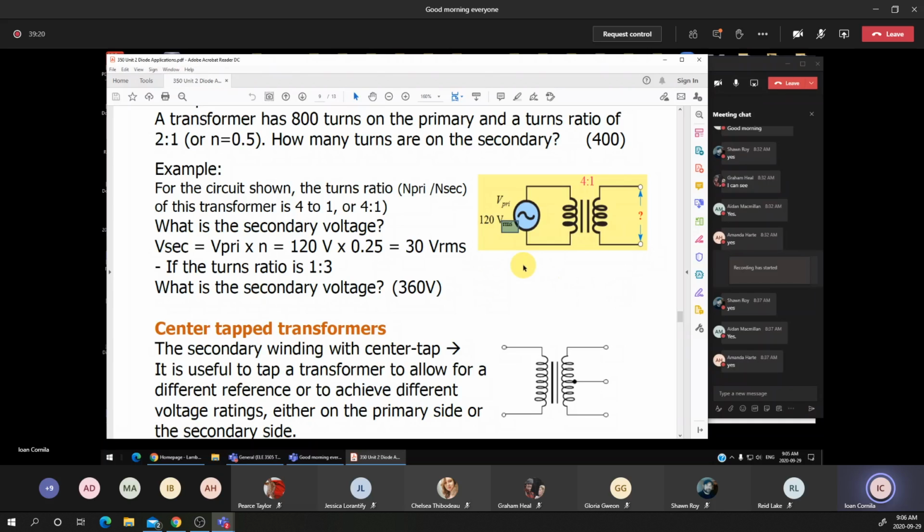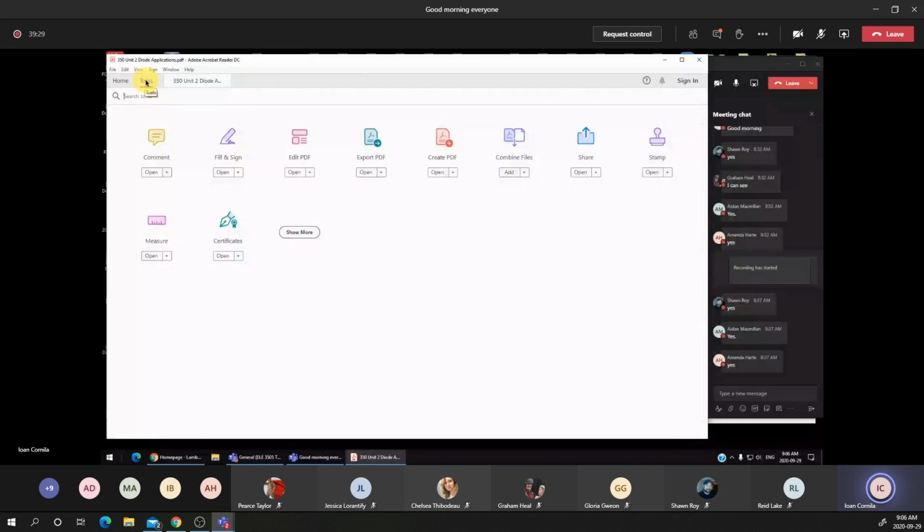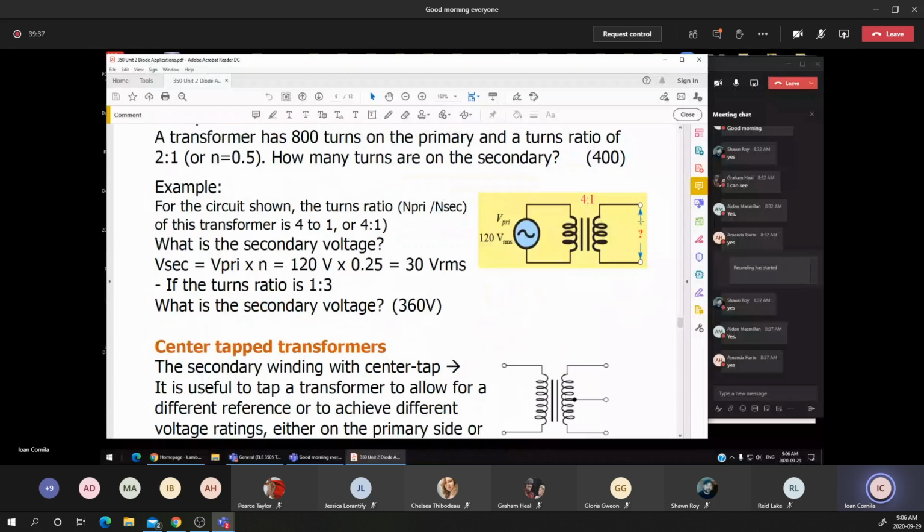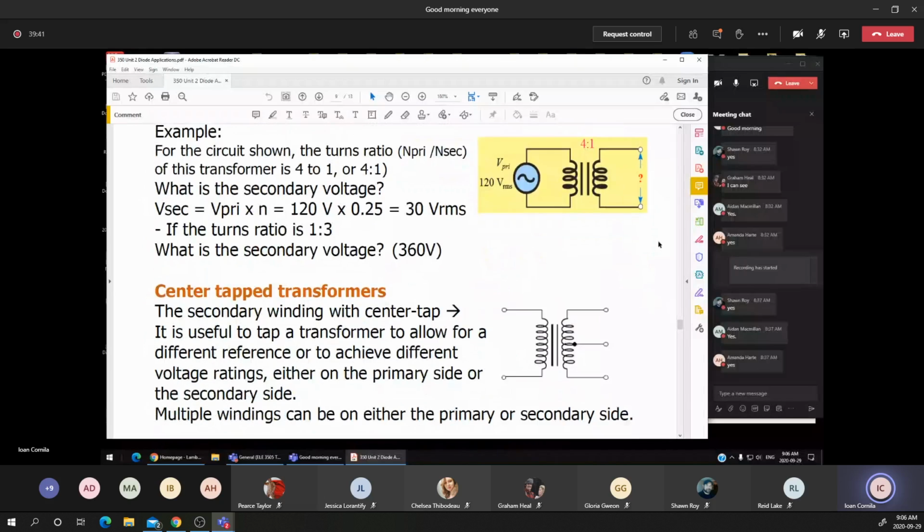Now, let's see if I can use the tools and commands, and make some changes in this diagram. You notice that I have the secondary winding on the right side of this diagram.